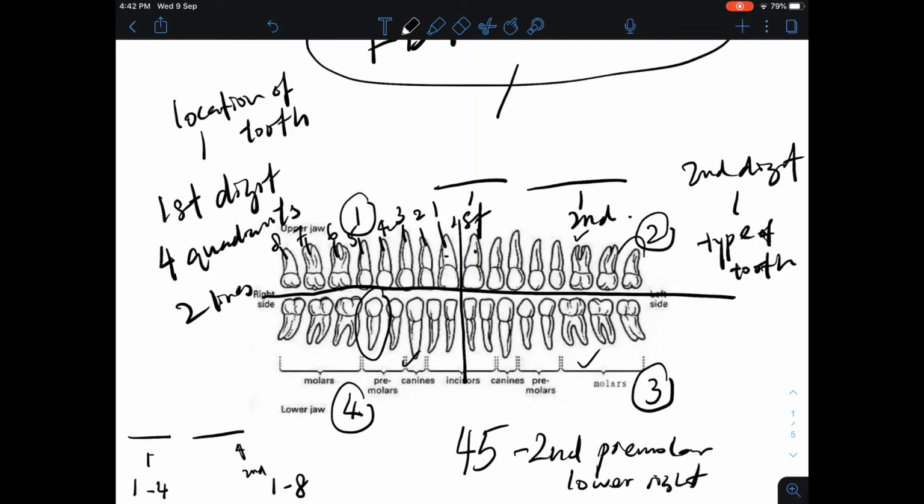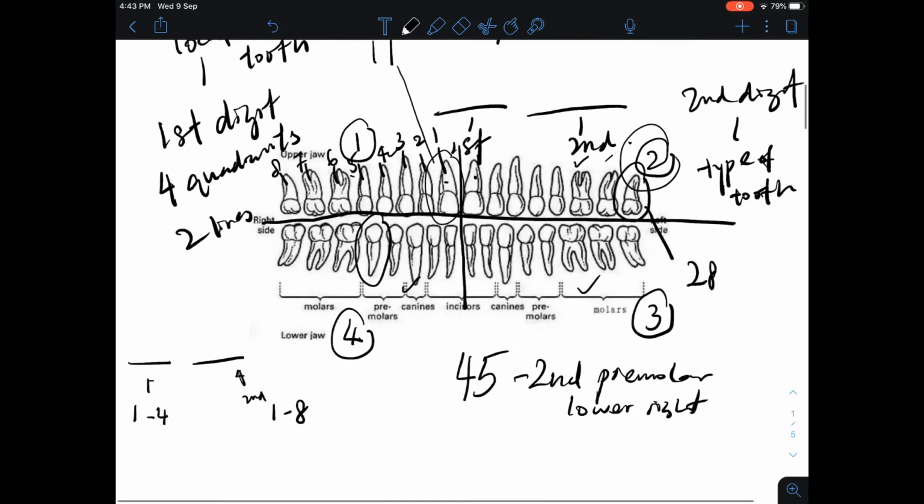Next, for this tooth, this is the upper left third molar or wisdom tooth, so it is at the second quadrant, the 8th tooth, so it's known as 2, 8. For this tooth, it is at the first quadrant, the first tooth from the midline, so it's known as 1, 1.